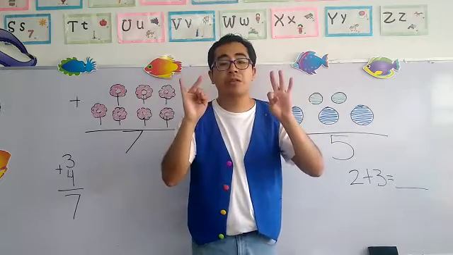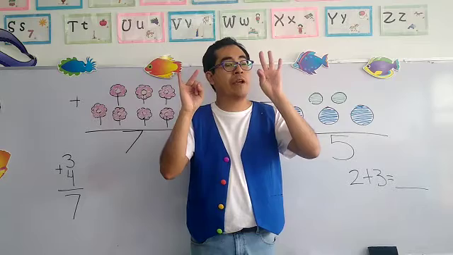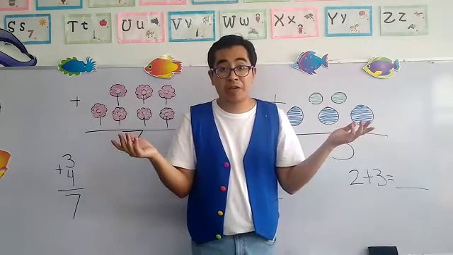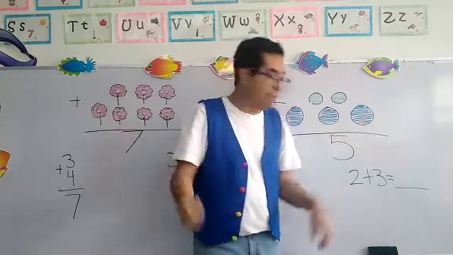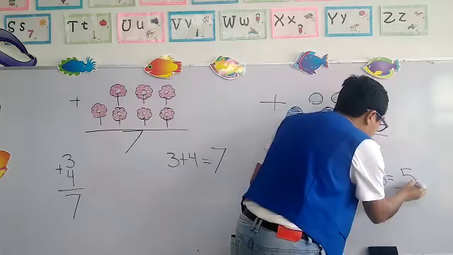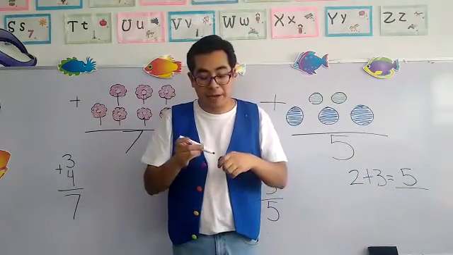Let's count them all to see the result. 1, 2, 3, 4, and 5. So what's the total? What is the result? Number 5. Very good. Once again, remember the number that has the big belly, the big stomach.